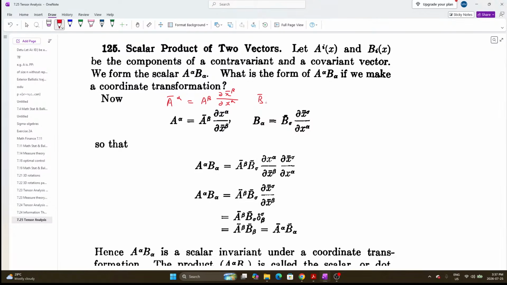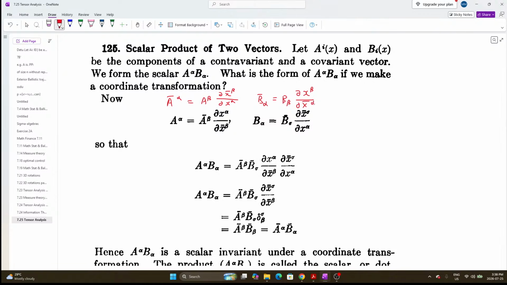B bar alpha downstairs is B beta. And then you use the backward Jacobian, d old over d new, dx beta over dx bar alpha. Beta should be upstairs because here B has a downstairs beta.